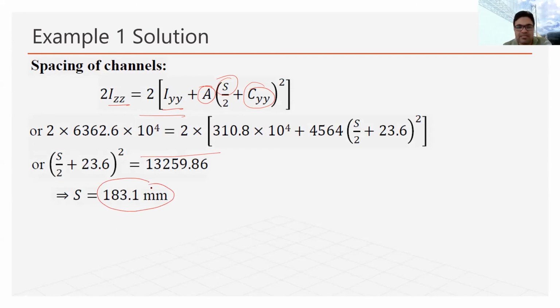So if we place our channel sections at a 183.1 mm distance, then we will have RYY and RZZ equal, which means we will be able to use them more efficiently when we place them at this distance.